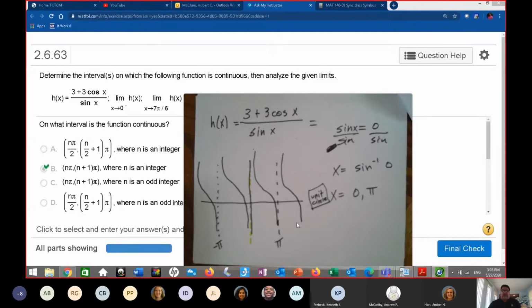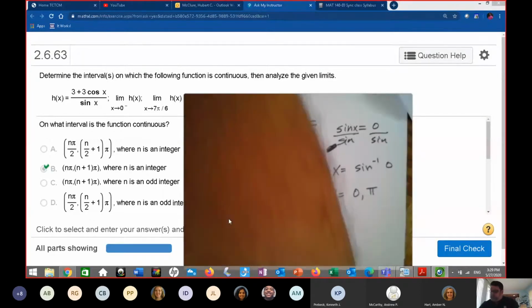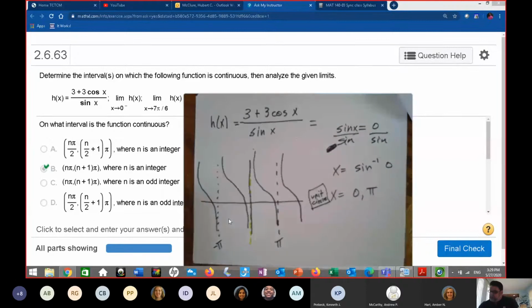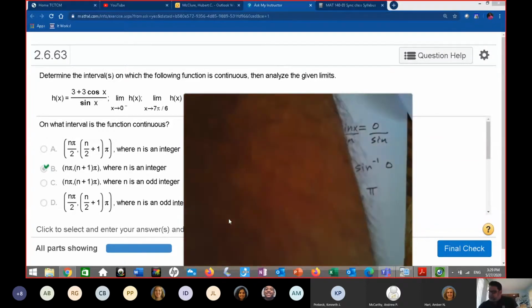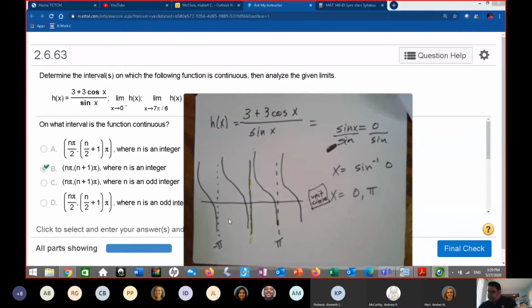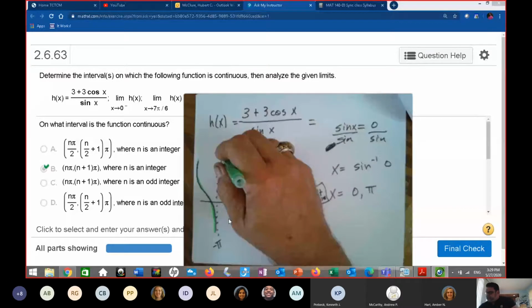You can actually do a trace, and you can go to here, and you'll say, okay, that's close to 2 pi. That's close to pi over 2. But that's what that is. Continuous is right here. Let me take my highlighter. These are continuous. This is continuous. This is continuous. This is continuous. And this is continuous.